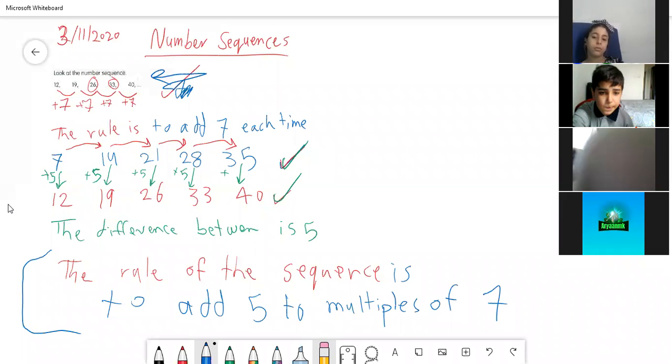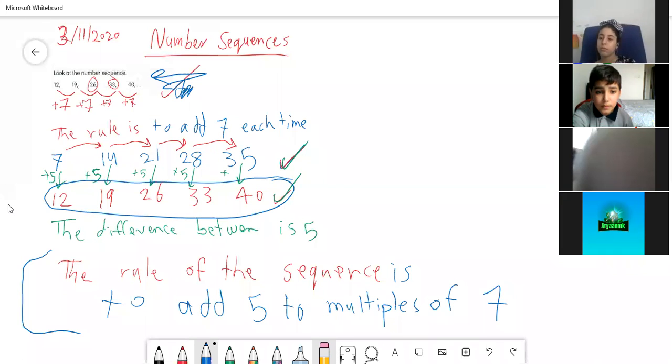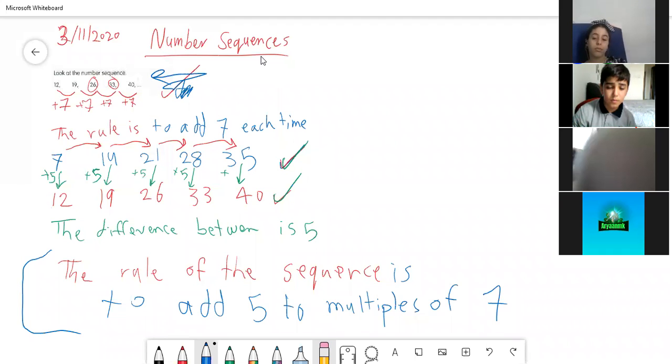So what is the rule of this sequence? To add 5 to multiples of 7. Any question? Okay, so we can proceed to the next example.